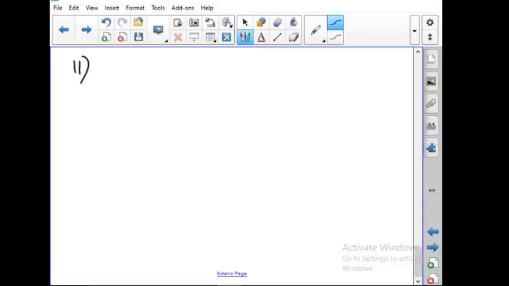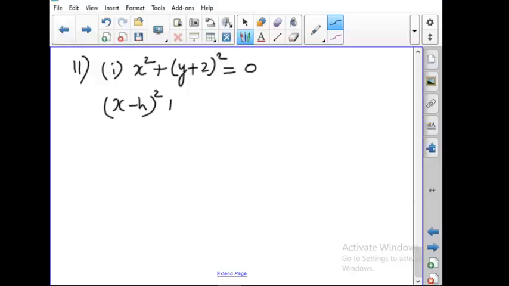Okay. Find the center and radius of the following circle. The first problem is given as x square plus y plus 2 the whole square is equal to 0. Comparing this equation with x minus h the whole square plus y minus k the whole square equal to r square, we can write down the center.